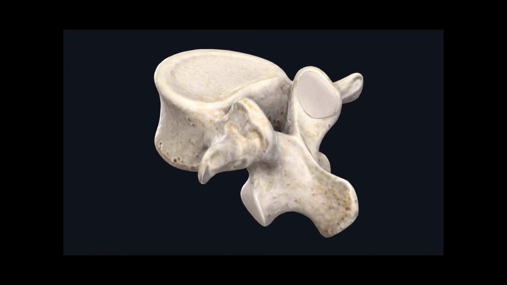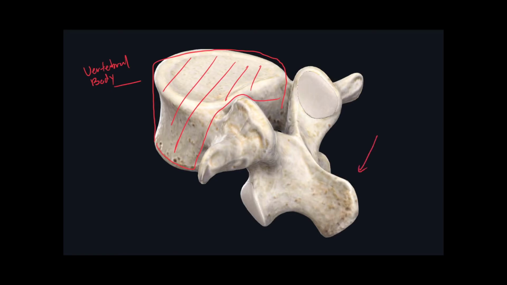The first landmark that I want to show you is this structure right here. All of this is considered the vertebral body. The next landmark I want to cover is this projection right here. This is the spinous process of a vertebra.